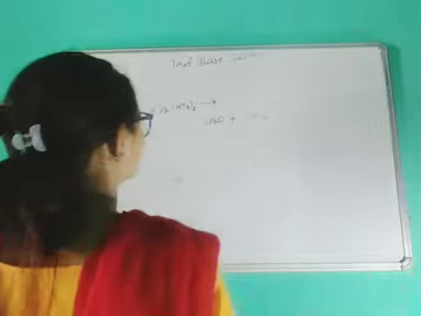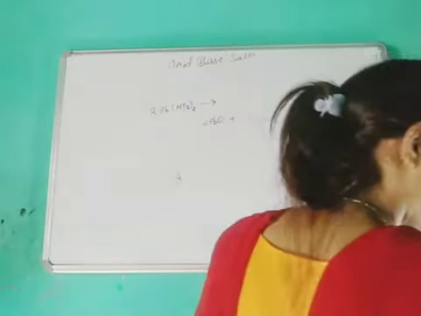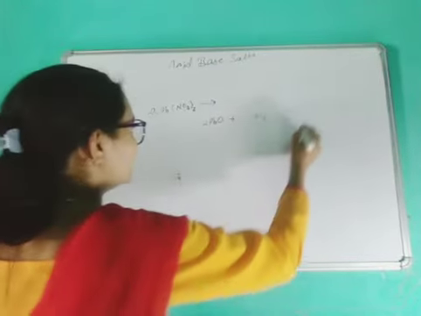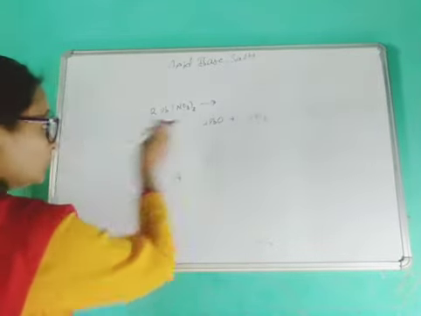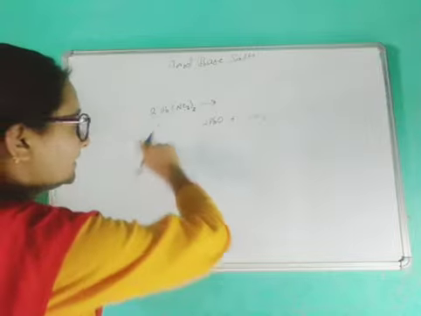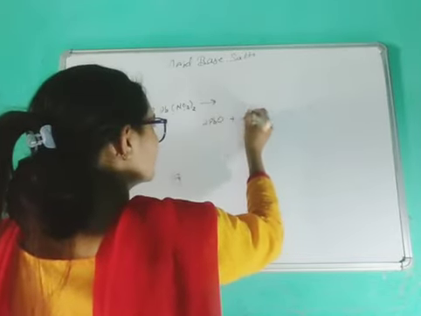And O2. Sorry about the markers. NO2, and then there will be oxygen. Okay, so see there are 2 and 2, 4 nitrogens. So there will be 4 NO2.